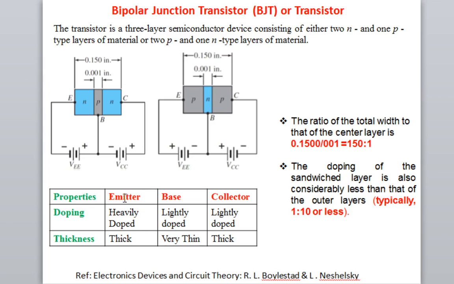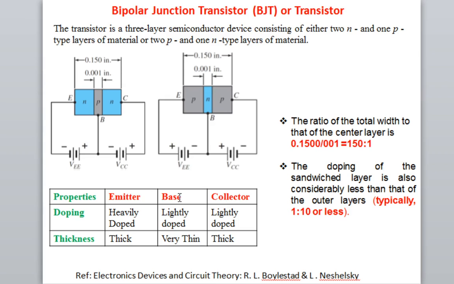And as I mentioned, the doping level in the emitter and base: the doping of the sandwich layer, meaning the base layer, is also considerably less than that of the outer layers, typically 1 by 10 or less. It means the emitter should be heavily doped and the base should be 10 times less than the emitter and collector.